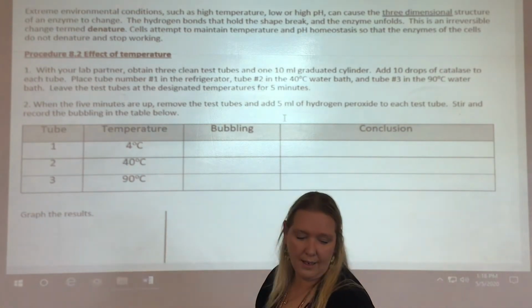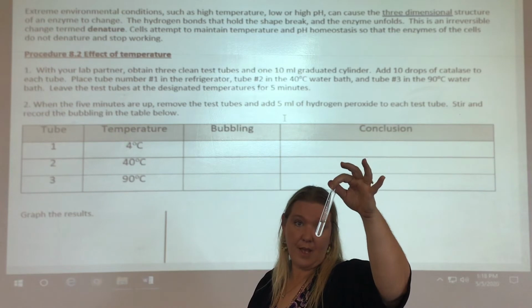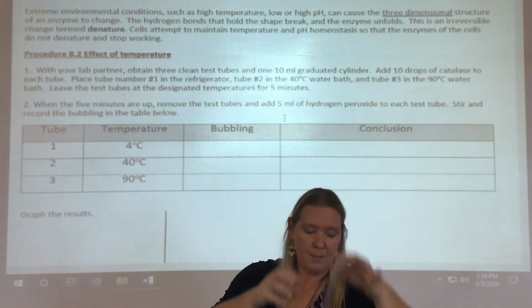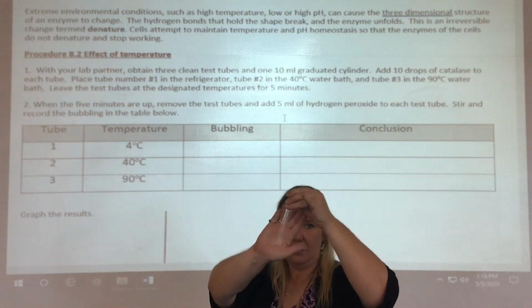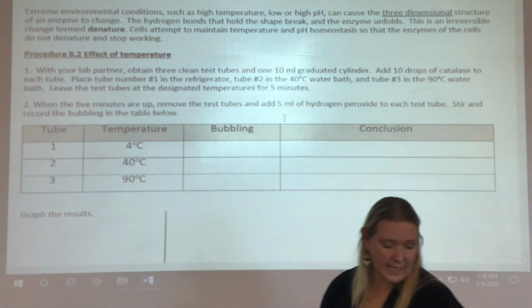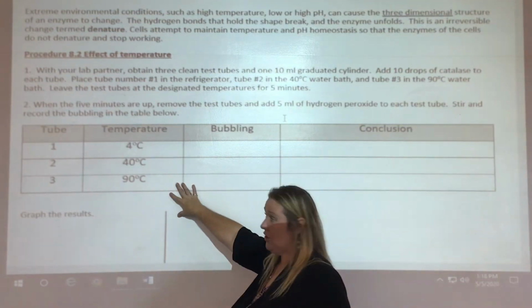So you're just getting water and broken up protein. And so that enzyme doesn't have its specific shape to make that reaction go like it did at the room temperature. And so we can see that enzymes are affected by temperature change.